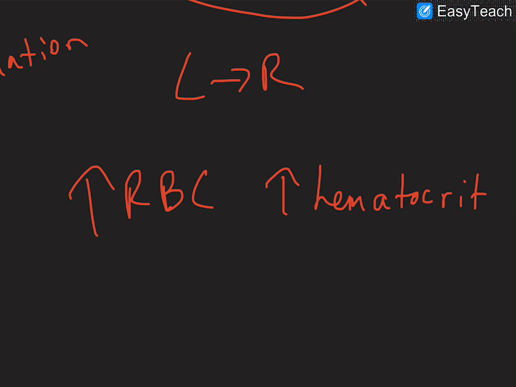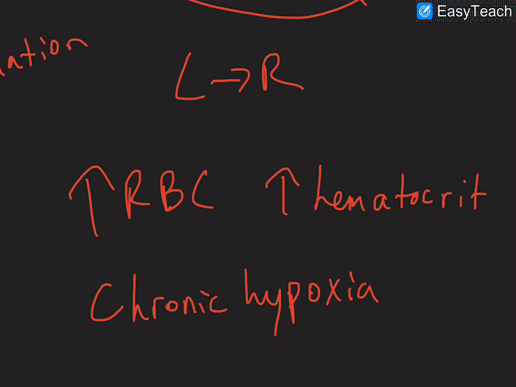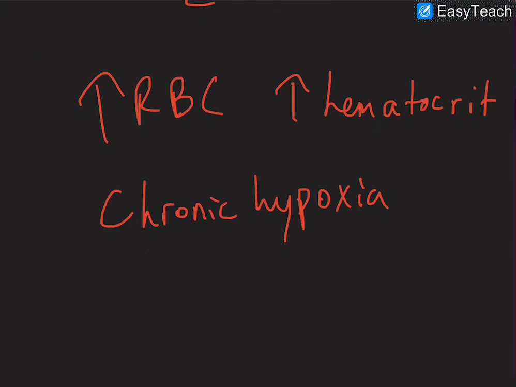And over time, this chronic hypoxia, if not corrected, right? This chronic hypoxia, this chronic low oxygen delivered to your tissues, right? Over time, that can lead to something called clubbing, right? And you can see this in other disorders that have chronic hypoxia in them, right? Certain lung disorders. So you can see clubbing of your fingers, right?